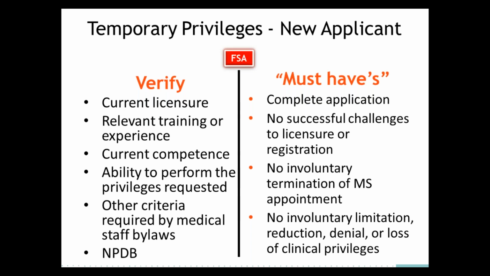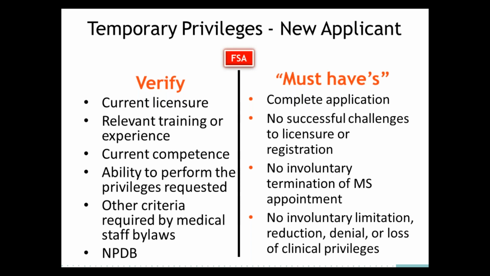Any other criteria that's required by your medical staff bylaws. If your medical staff bylaws require that you verify every affiliation that anyone has ever had, then that needs to be there. So any other additional criteria required by your medical staff bylaws have to be there in order for that to be a complete application.